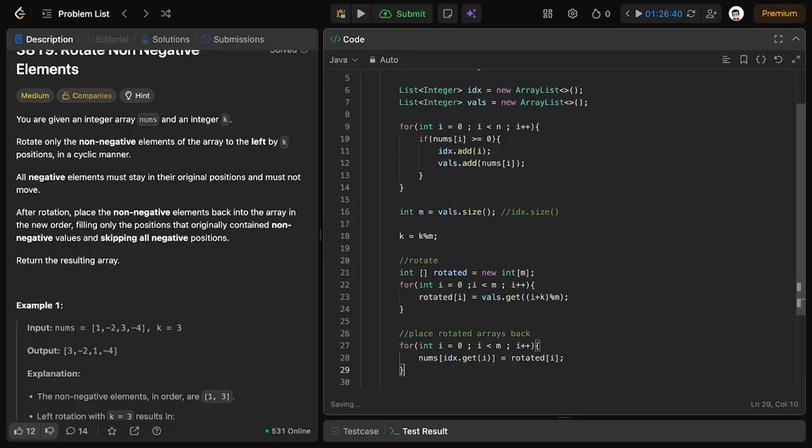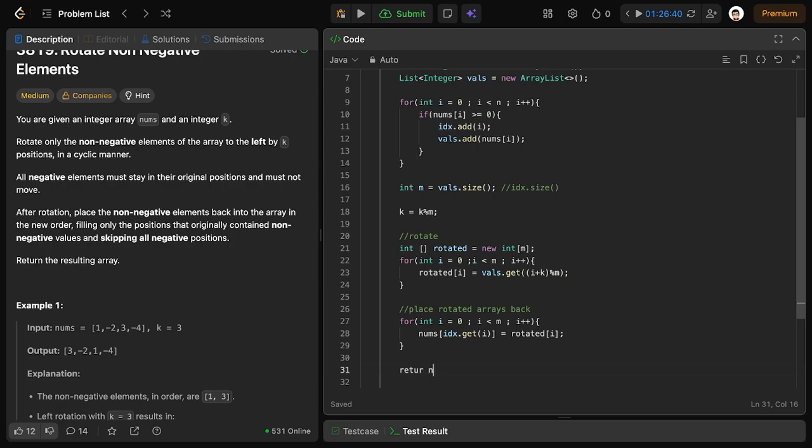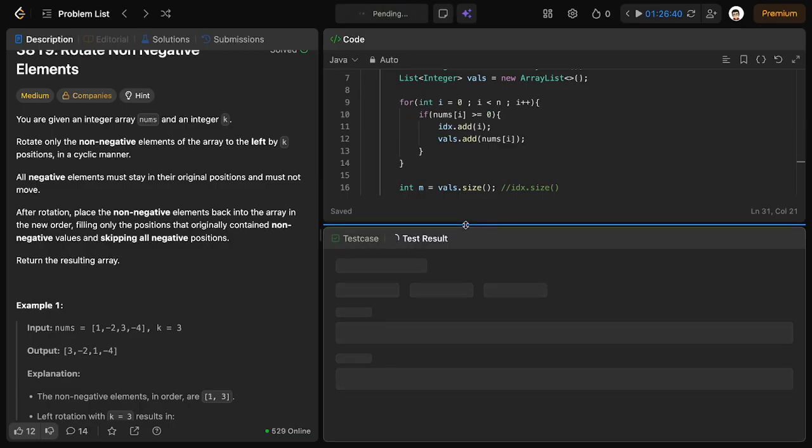Right, that's it. Return nums, and I think this should work.